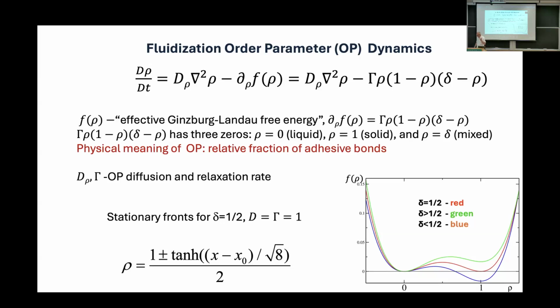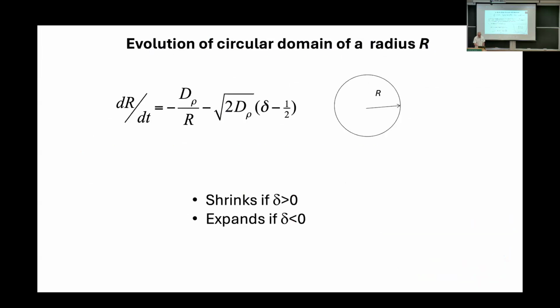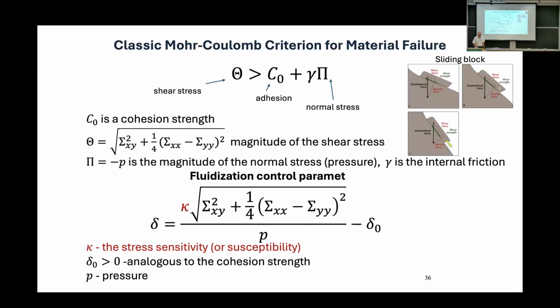It's somewhat similar to what I did for individual cells, but now the physics is different. Now we need the parameter delta, which depends on the shear stress, and can be introduced via the classical mechanical Mohr-Coulomb failure criterion.